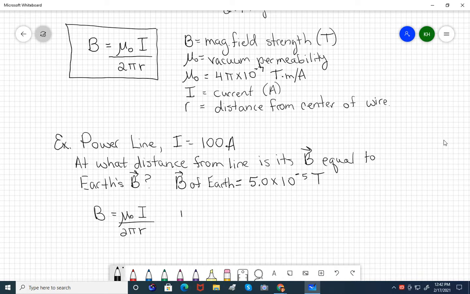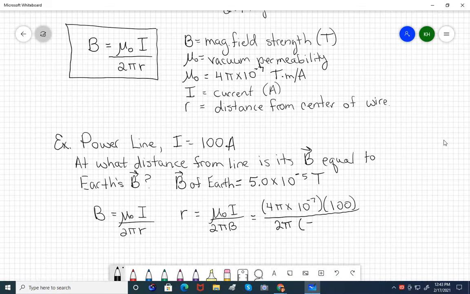So if I rearrange that, I get that R is equal to mu naught I over 2 pi B, and I simply fill in all the blanks. 4 pi times 10 to the negative 7 times 100, over 2 pi times 5 times 10 to the negative 5th. If I want to, I can do some canceling. 4 pi divided by 2 pi is actually just going to be 2.